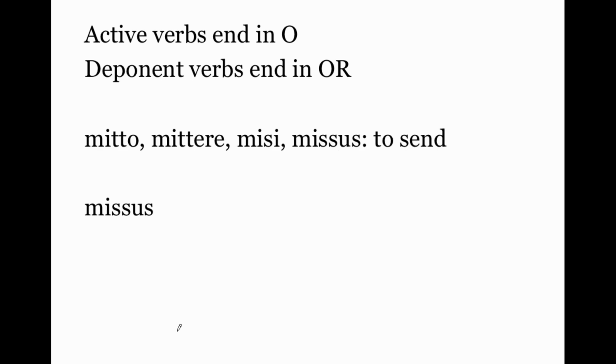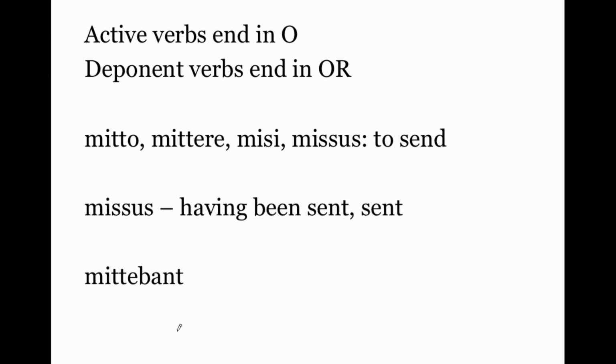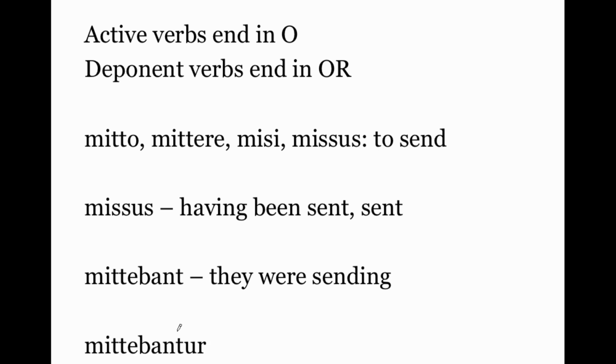Okay, so mitto, mittere, misi, missus, to send. The past participle is translated having been sent, or sent. Here's the active form of the imperfect. Mittebant, they were sending. What would it be in the passive? Not they were sending, but they were being sent.